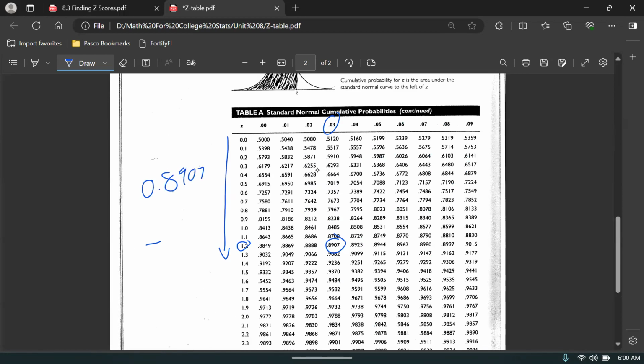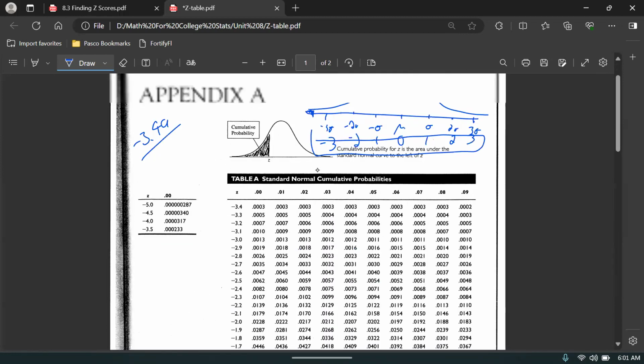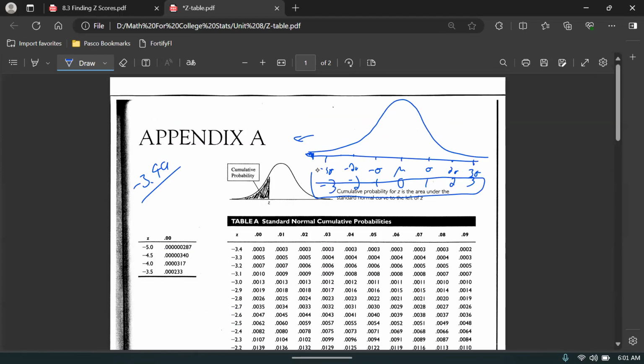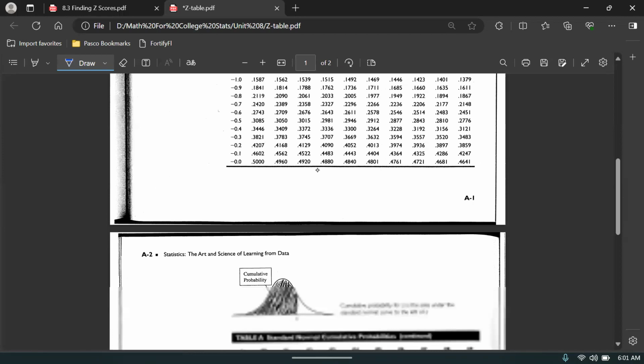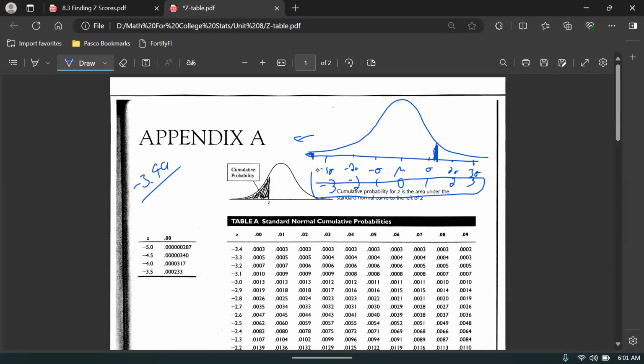So if we go back to our distribution, 1.23 would be about right here, because it's between 1 and 2, and about a quarter of the way through. What that 0.8907 tells us is that the area under the curve to the left is that big.